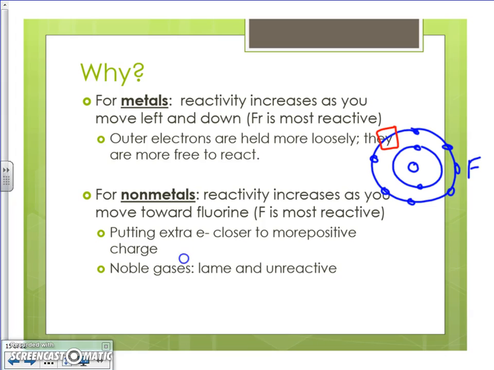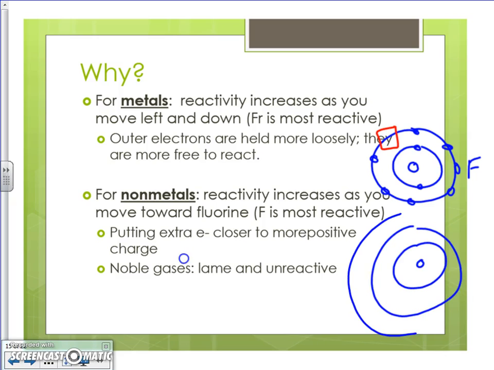This is fluorine, and then we look at chlorine. You're going to need more room. One, 2, 3, 4, 5, 6, 7, 8, 9, 10 electrons in the second ring. 1, 2, 3, 4, 5, 6, 7.